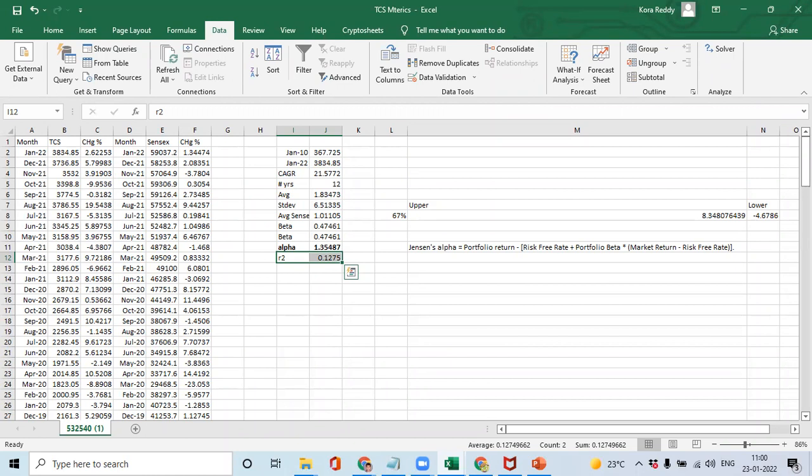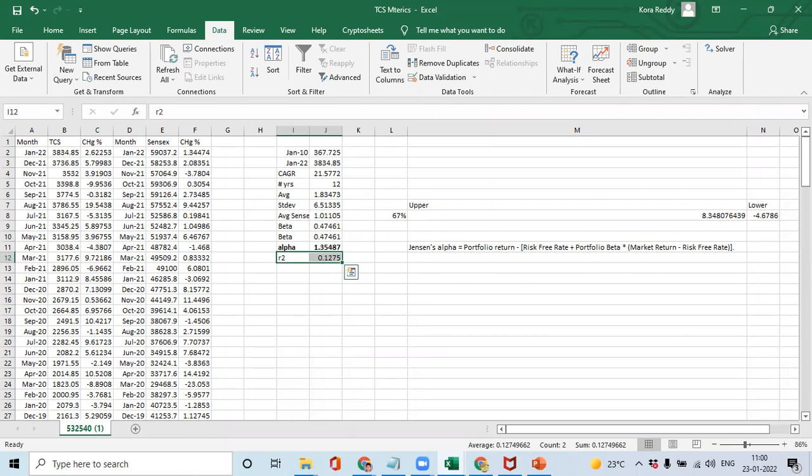So I don't need to pay you anything, because you are just doing what Sensex does. I can also do that. I can actually go for a low cost index fund rather than paying you the money. It's as simple as that, right? Anything up to 0.9, you are still mimicking the index 90% of the time.